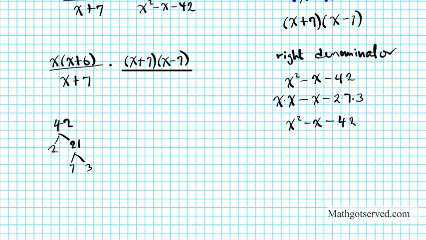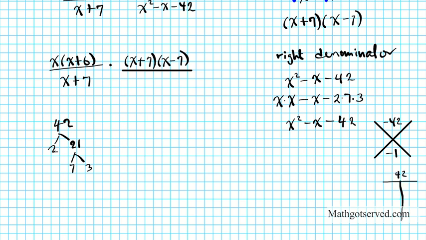So what we'll do is we'll make our x. AC goes on the top, and then B goes on the bottom. AC is negative 42, and B is negative 1. Alright? So let's go ahead and make our list of factors for 42 and see which of them would generate 1.